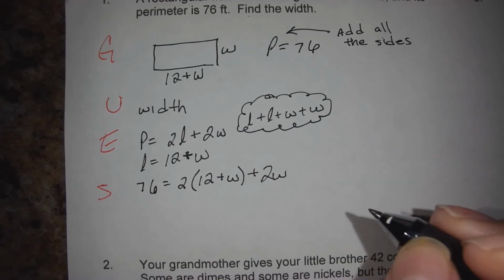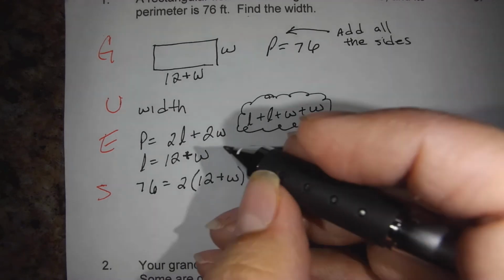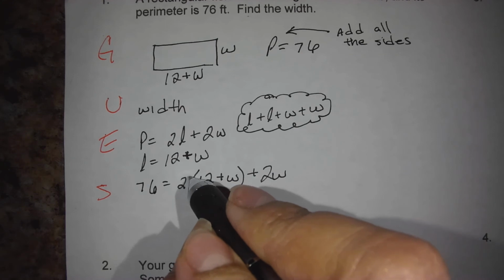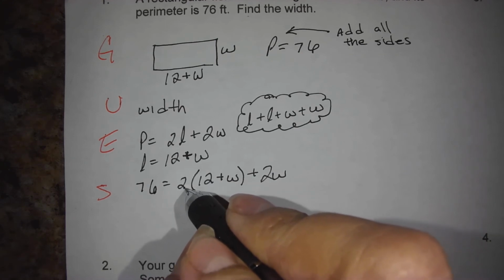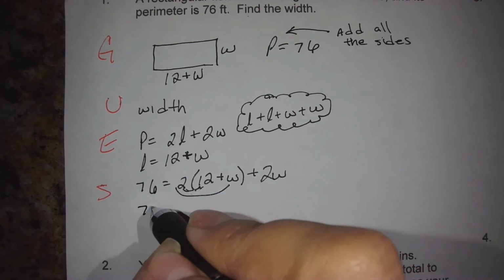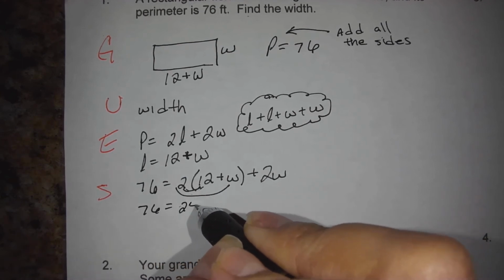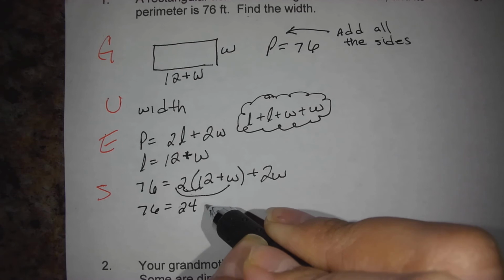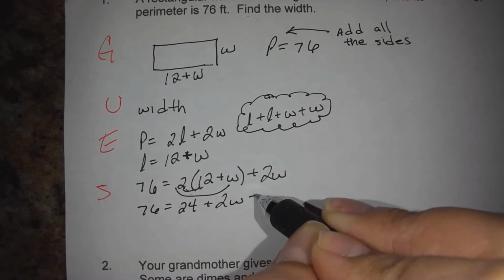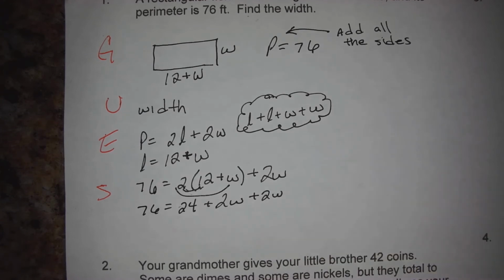We're going to solve using what we've been doing all year long. Distribute the 2 to the 12 and to the W. So we have 76 equals 24, because 2 times 12 is 24, plus 2W, plus the 2W.